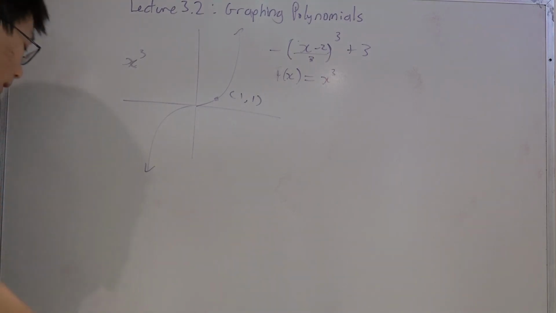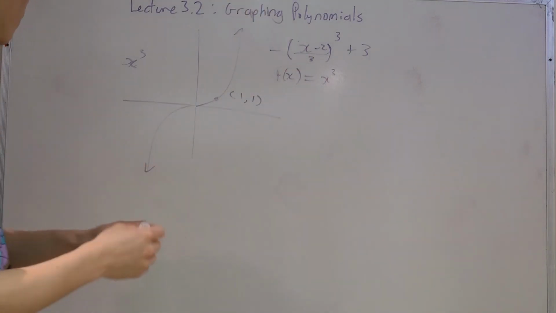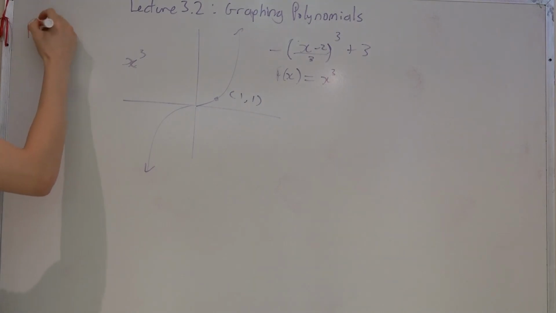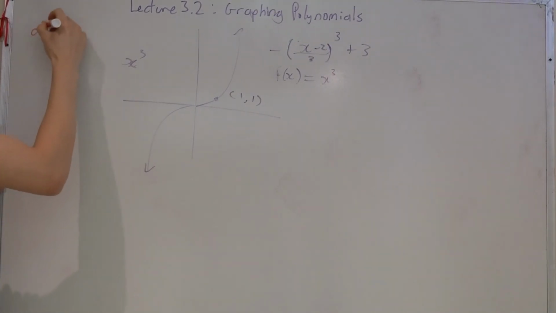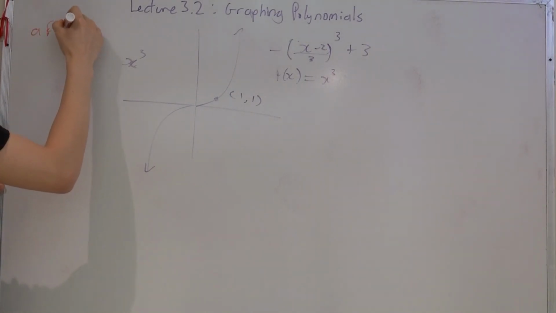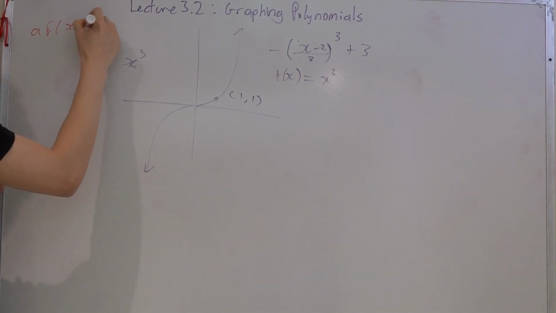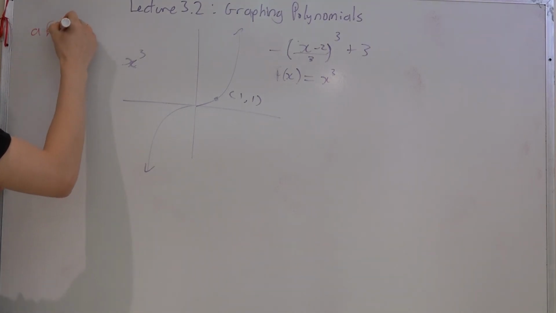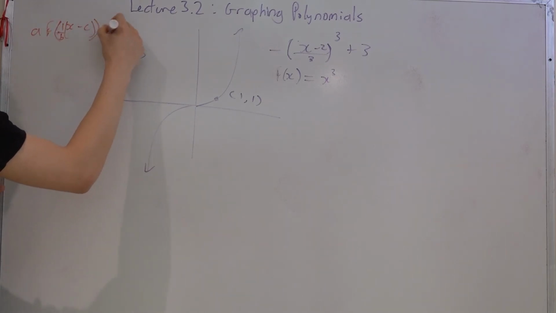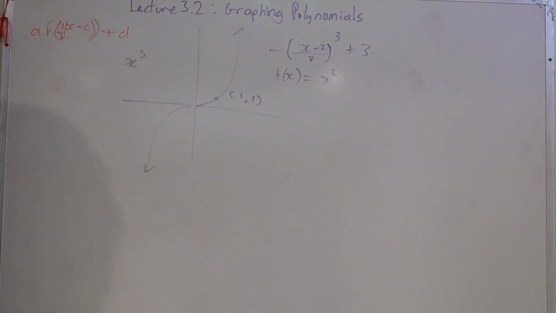So first of all, we need to get our equation into the form. Remember, the regular form is a times f of 1 over b times (x minus c), plus d. So if we compare this and that, this is the same thing.